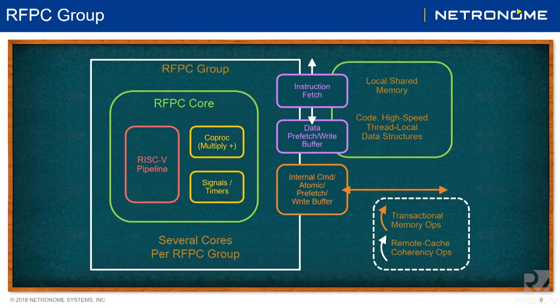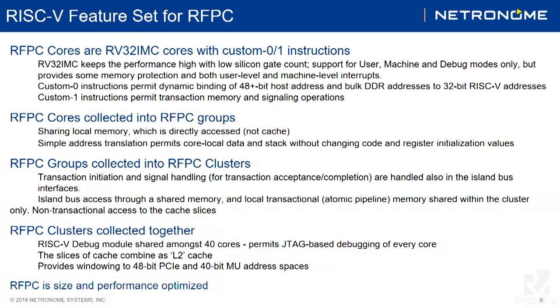One example is that in some applications, we want a higher level of security, to not allow every processor in the system to have access to every feature of the system. We can use the low-level mode to trap transactional memory operations and only allow the user mode to execute those through the machine mode.